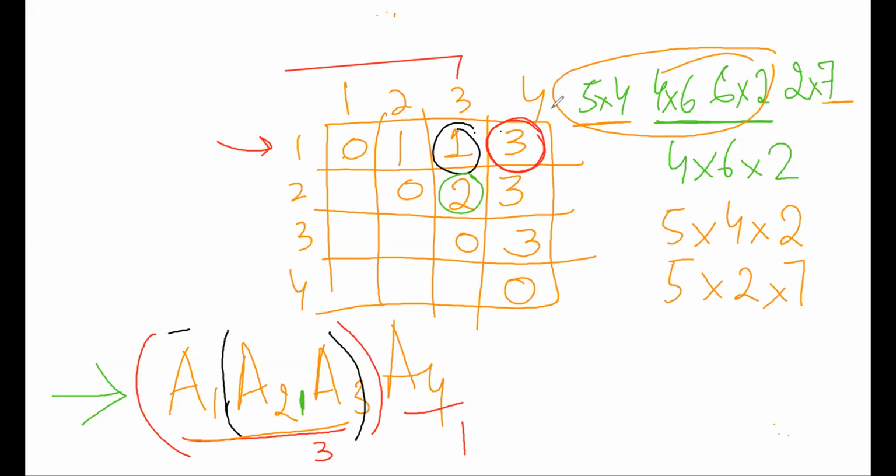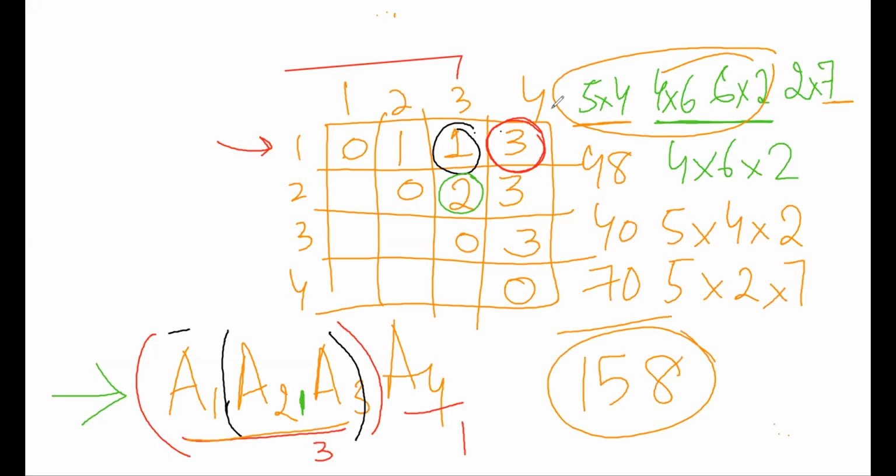Okay, that is this 7. So what do you get? 12 fours, 48, 40, and 70, add them up, you get 158. So you are getting the minimum number of multiplications. So this parenthesis is correct.